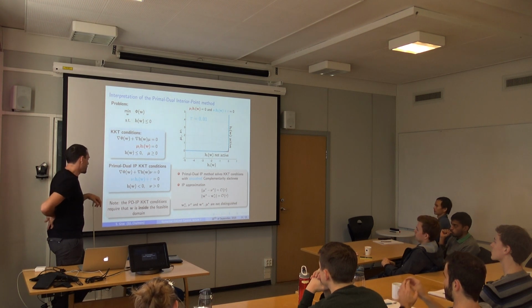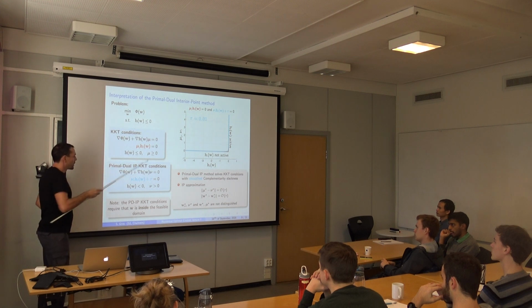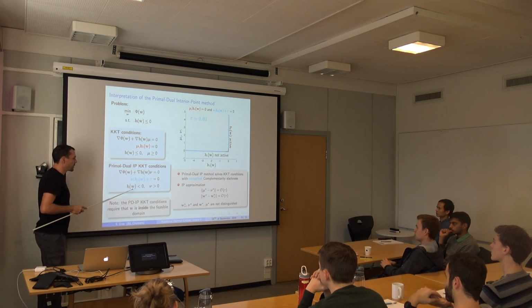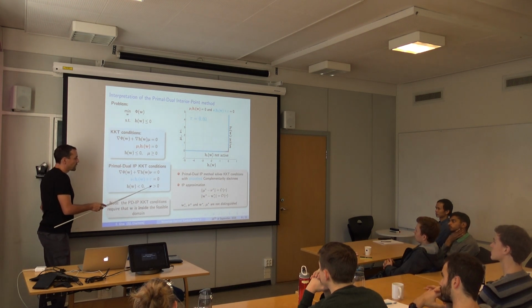And again, you can understand the interior point thingy because the solutions you get out of these equations, you will always maintain H inside the feasible domain. You will never achieve 0. It will always be somewhat inside the feasible domain, so slightly negative, and the nus will always be slightly positive.